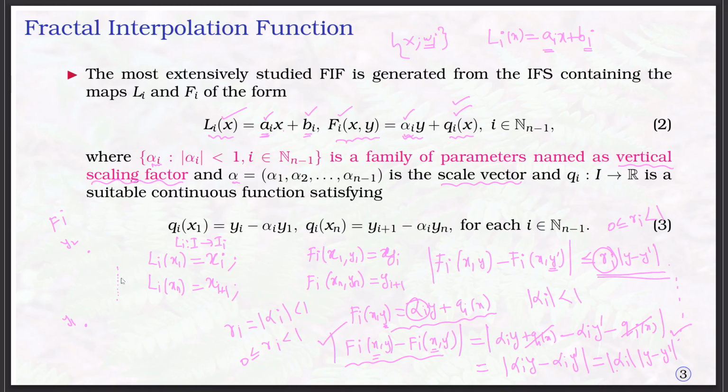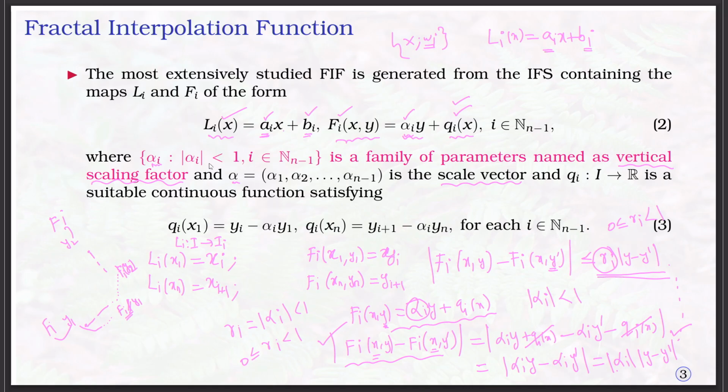This is after contracting y1 and y2 after applying Fi. After applying Fi, y1 will come to here and y2 will come to here. I just notated this like this form, so that this alpha i must be less than 1.